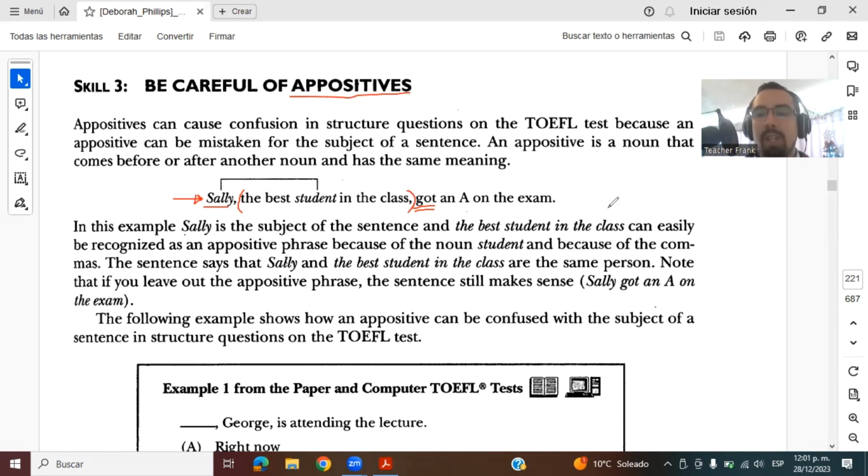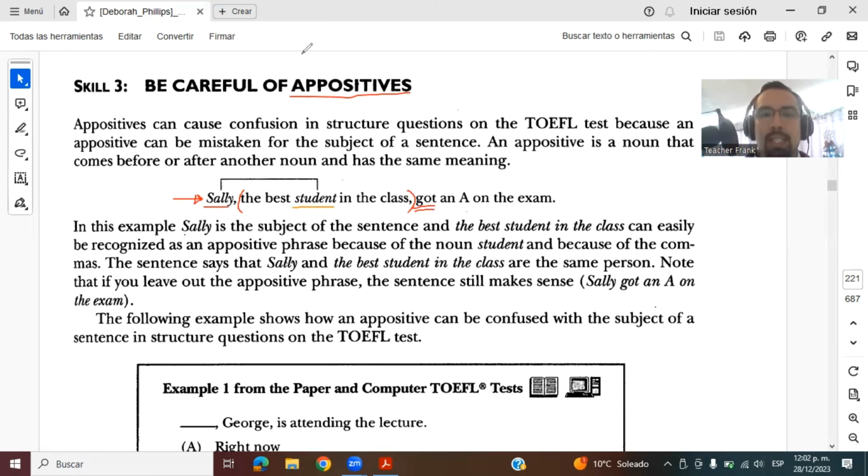It's the extra information referring to Sally. Now, up to here, there's no problem, but it can be confusing because we can mistake the noun in the appositive for the subject when it really isn't. So we have to distinguish which is my subject, Sally, and which is my appositive, the best student in class, which is not a subject of the verb got.